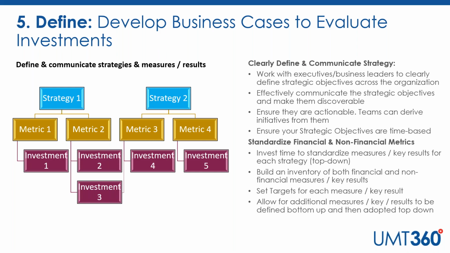So that means you start with a clear definition of what your strategic objectives are at the corporate level and within different lines of business, and allow them to be discoverable and understandable across the organization so that people can then come up with actionable investments, initiatives, programs, epics, aligned with those strategies. So definition of strategy and communication of strategy is fundamentally important.